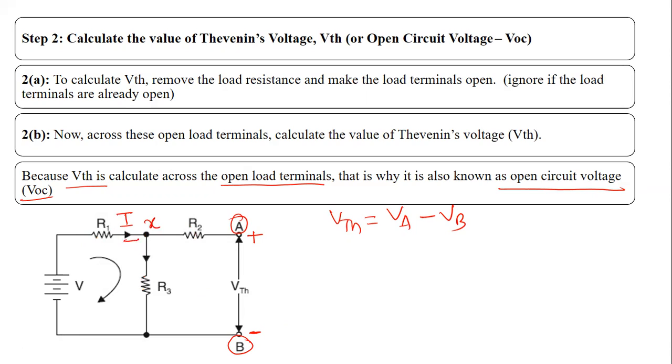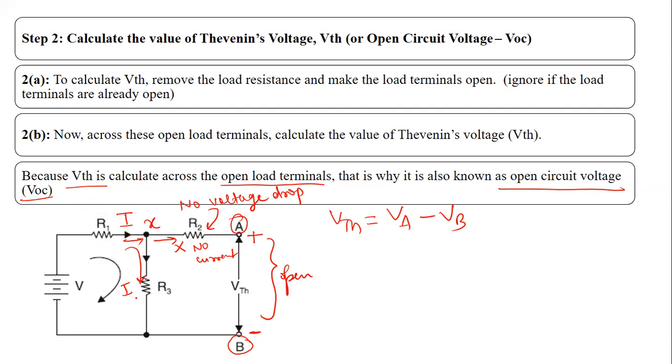When this current I comes to this junction, it will not go here, no current. Why? Because these are open. This is an open branch, and no current will be there. So we have no voltage drop here, right? Okay, so this current I will flow through R3 as it is.